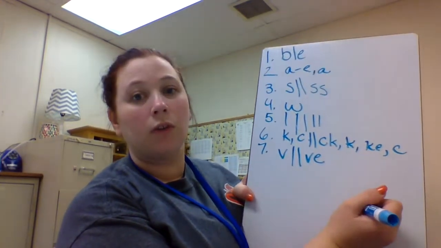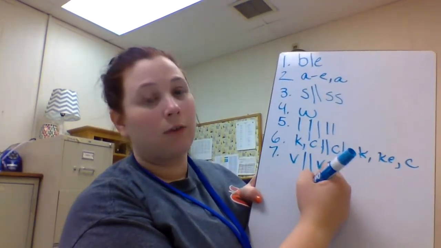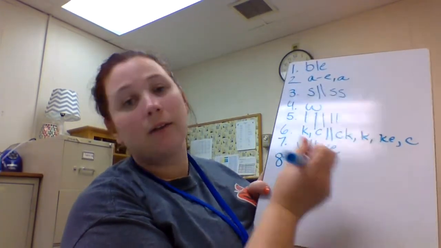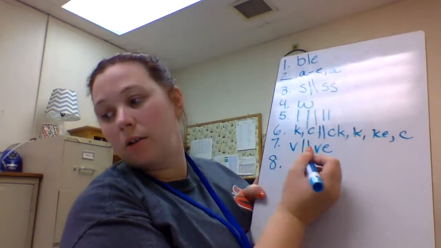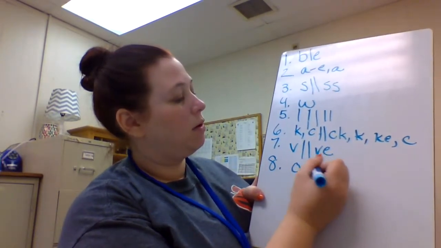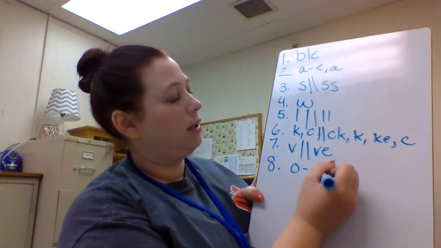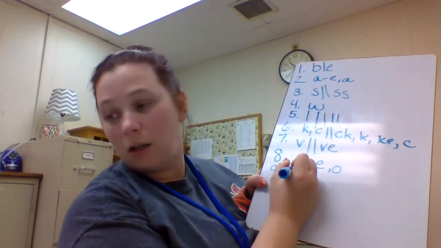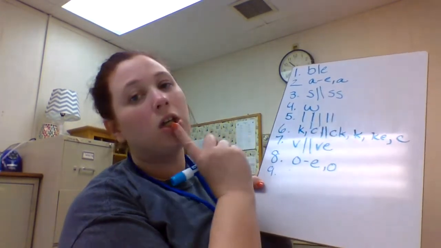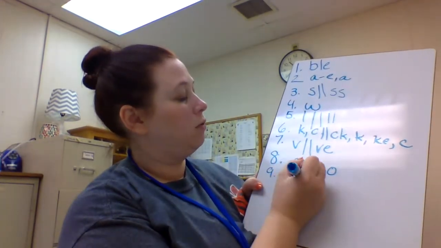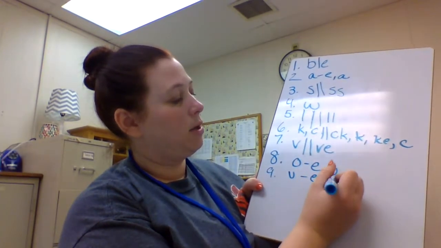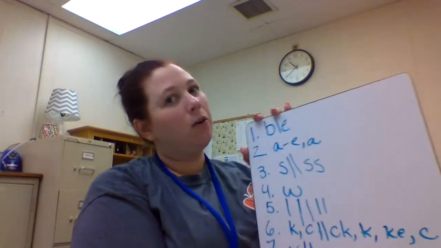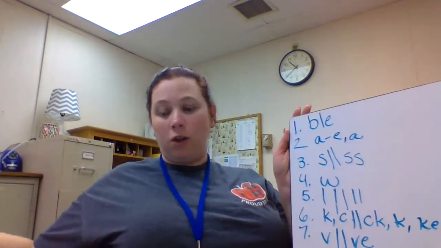We don't end words in the English language in just a v, so it's always ve. And number 8, o. We make with o, consonant e, comma, o. And number 9, u. So that's u, consonant e, comma, u. All right, good job. Go ahead and pause the video if you need to get that written down, but make sure that you have it down on your worksheet.